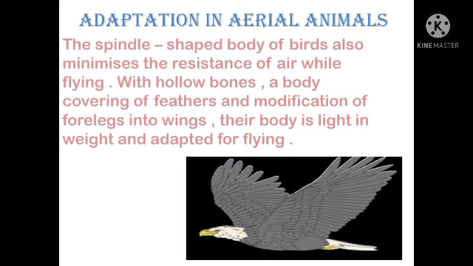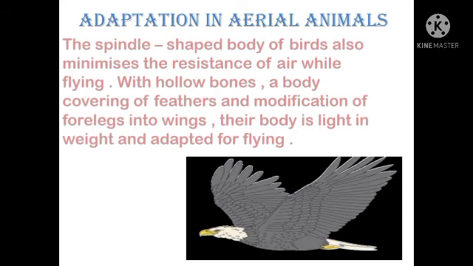That means having a circular cross section and tapering towards both the ends. At both the ends, the body shape tapers, which helps the bird to minimize the resistance of air while flying. Due to its spindle-shaped body, it can fly in the sky.